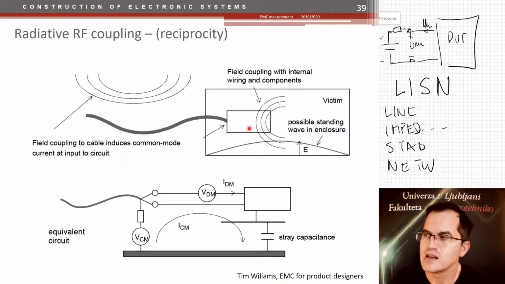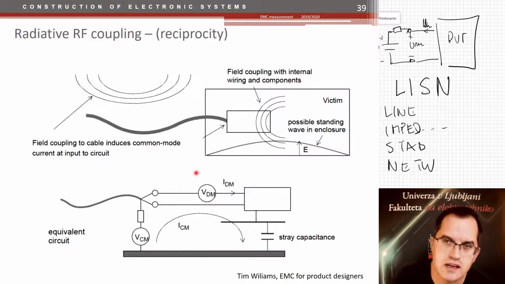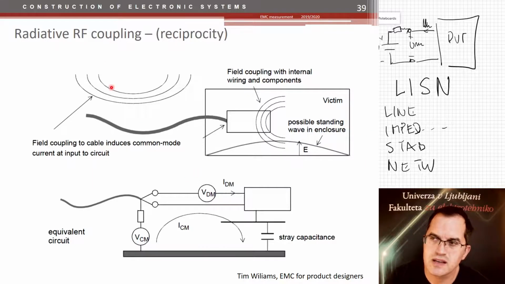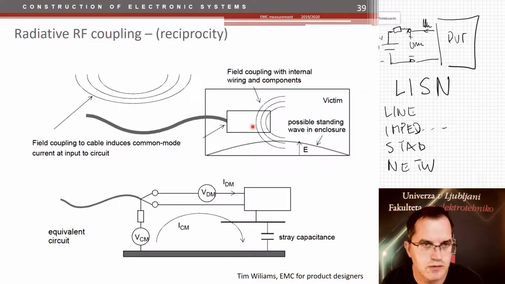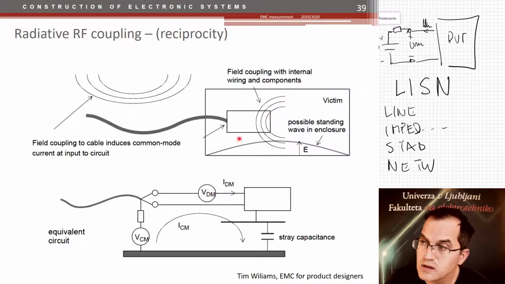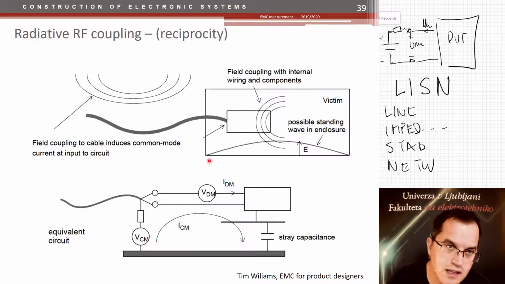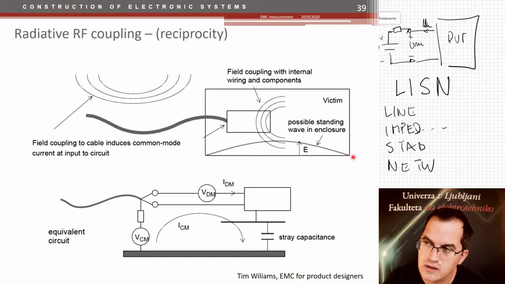But sometimes, if you have a metallic case, there is a possibility that a standing wave is formed inside, because from outside the noise can couple through the cables, and then it can go inside through the cable, and then it would act as a radiator inside, and you can form a standing wave because the case is metallic.